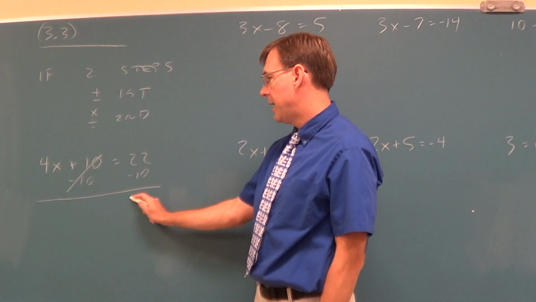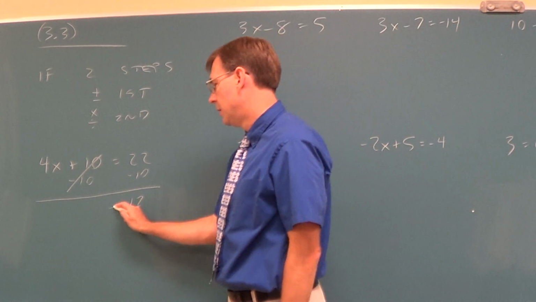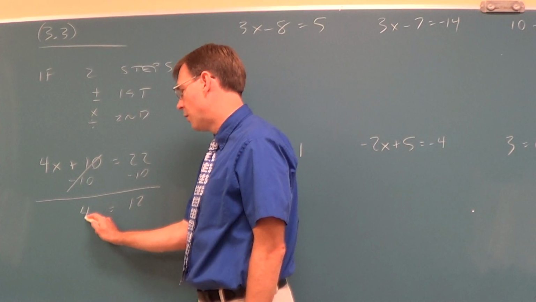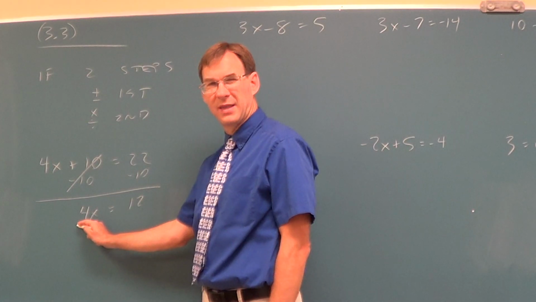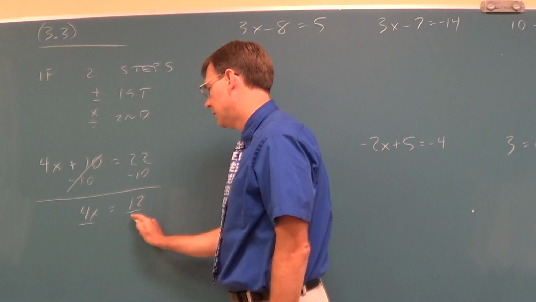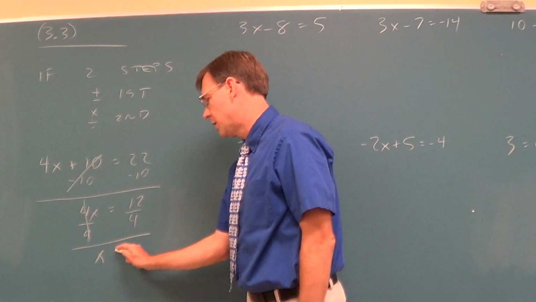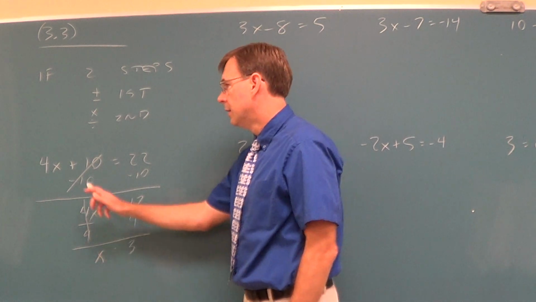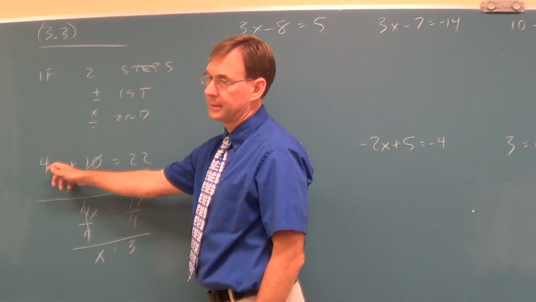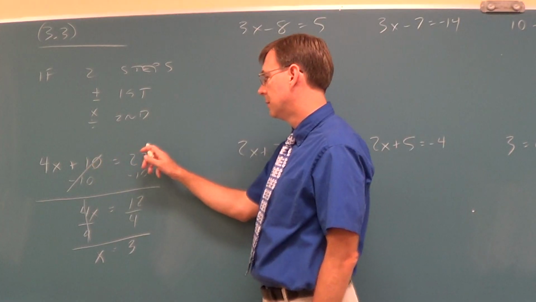Math it up. This makes 12. This leaves us 4x. And then what did we decide about that 4? We divide. Divide by 4s to eliminate 4s. Grand total 3. Check it. 4 times 3 makes 12, plus 10 makes 22. Check.